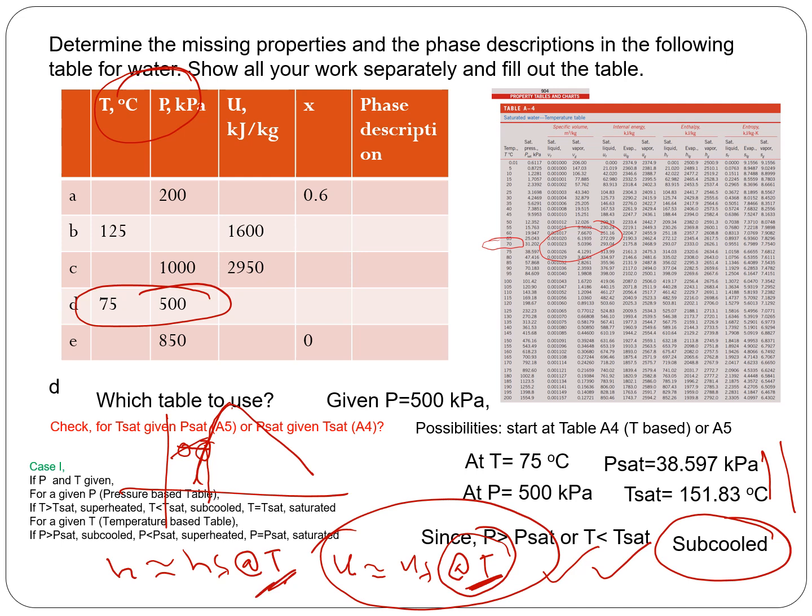This is important: you should not look at the pressure table to find this property for the subcooled region. You should look at the temperature-based table, because in the subcooled region the properties are a function of temperature. So this is very handy. That's what I have done: U is Uf at that temperature. See, here it is temperature, not pressure. That's how you find the property.